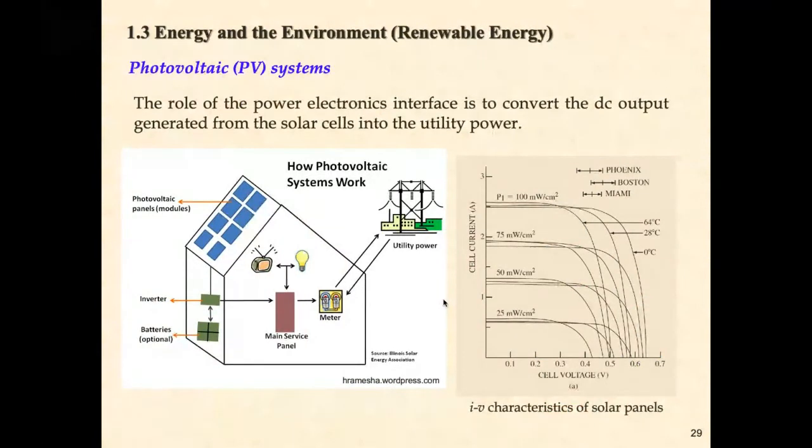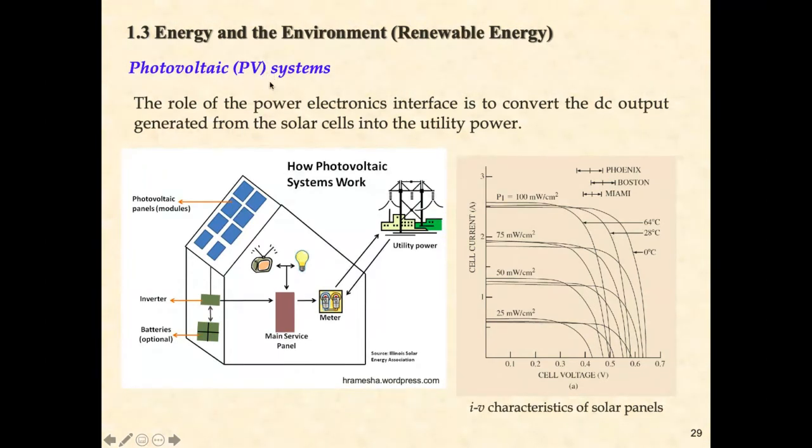And the other sector should be renewable energy. I mentioned before that if we want to use renewable energy, we must use the power electronics interface. Solar energy collection is one of the very common examples. Here we have the term PV, photovoltaic.